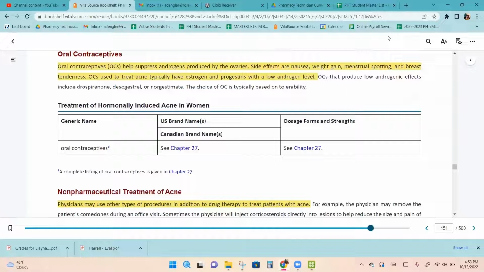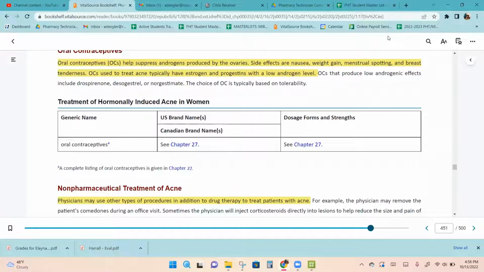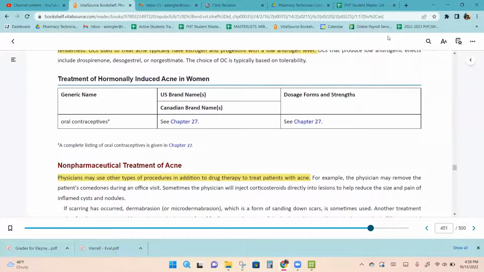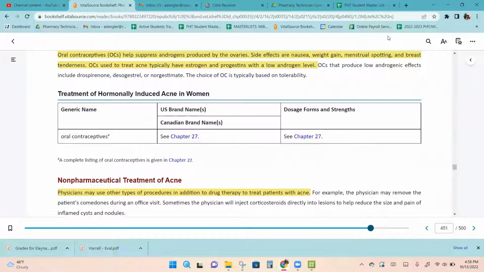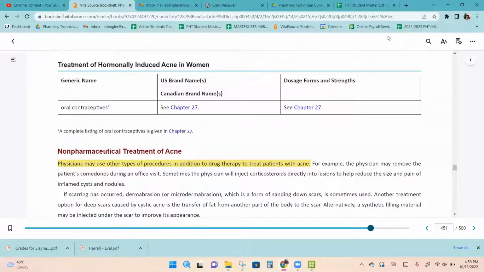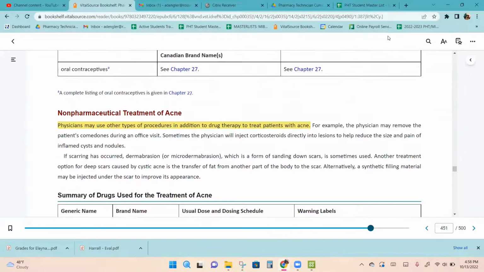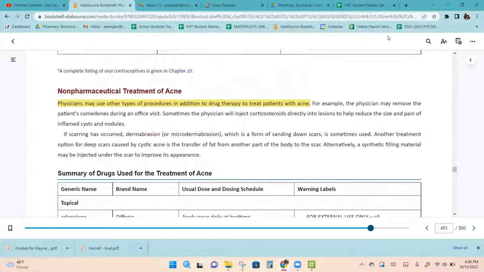OCs that produce low androgenic effects include desogestrel and norgestimate, and the choice of OC is typically based on tolerability. We aren't going to talk about them now because we talked about them in chapter 27, and you can go back there and get a full list of all of the oral contraceptives.